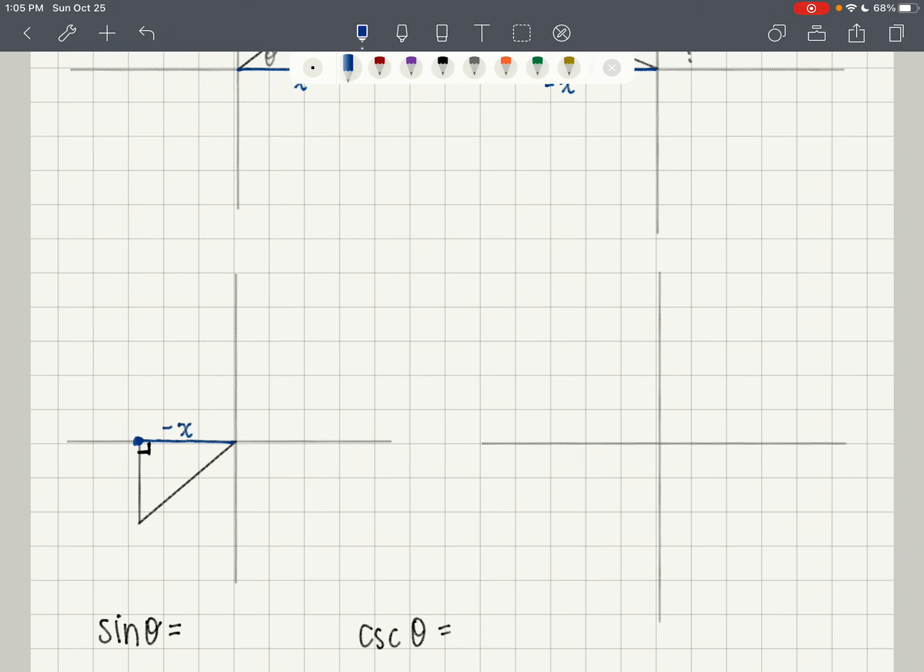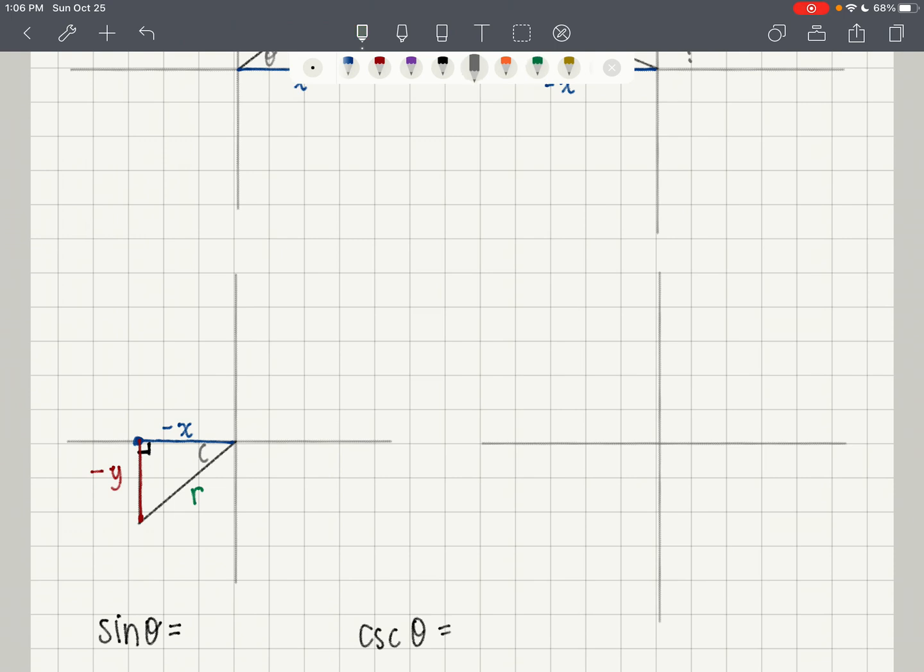That is negative because we're going to the left of the origin. And we'll have a vertical leg, which is y, but it's negative because we're going below the x-axis. And then, of course, we'll have our hypotenuse r.